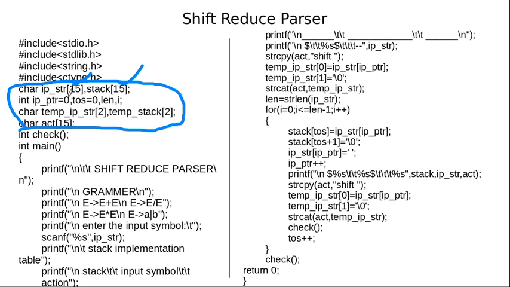We know each parser verifies only one input symbol at one instance of time, so I use one indexing variable to point to the current input symbol. The basic rule is that our indexing variable must be an integer, and my variable name is ip_ptr, nothing but the input pointer.